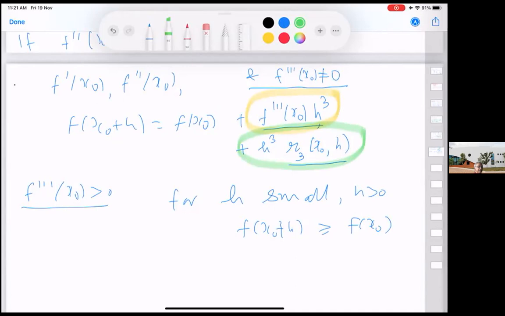That is where h R3 x0 h going to 0 as h goes to 0 comes into the picture: if you add these two, whatever is the sign of the yellow circle term will be the sign of the sum for sufficiently small h.